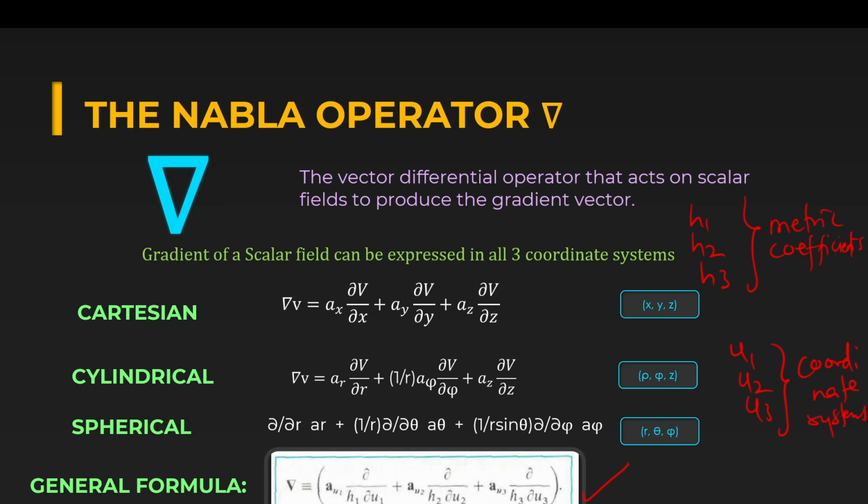Okay, so let's try and see if using the general formula we would be able to derive Cartesian, cylindrical, and then spherical. I'm going to consider just the Cartesian, so you can try the cylindrical and then the spherical. Okay, so this is the general formula.